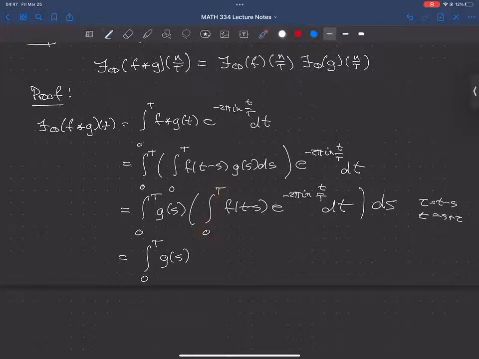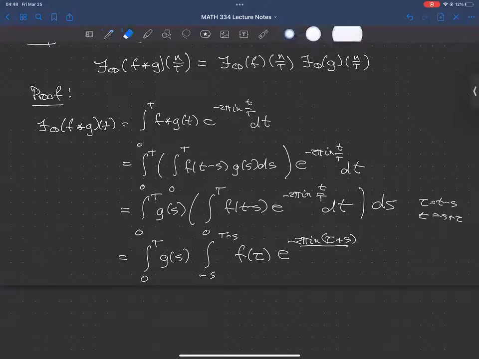When you do that, it's going to be the integral from minus s to T minus s of f of tau e to the minus 2 pi i n, and then up here I'm going to get tau plus s over T d tau.